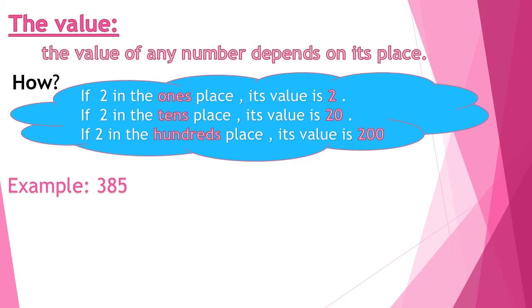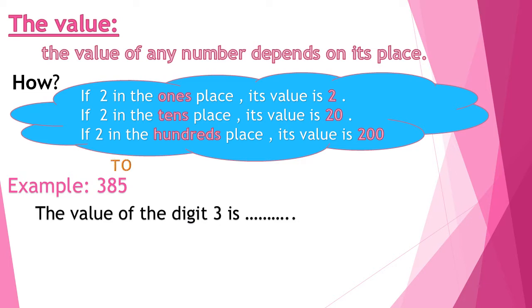Example, 385. The value of the digit 3 is what? Let's put the place above each digit: ones, tens, hundreds. 3 is in hundreds. Then we write 300.